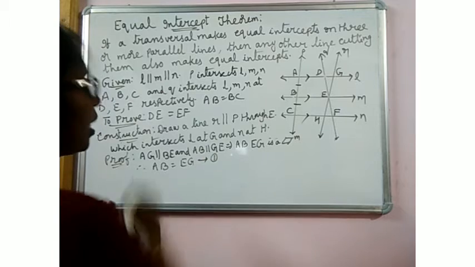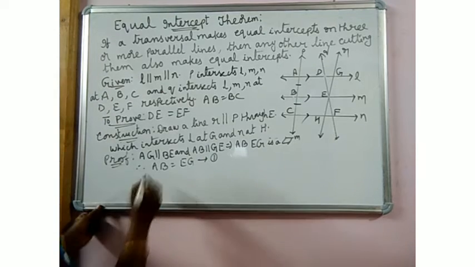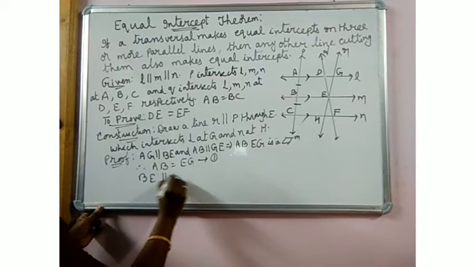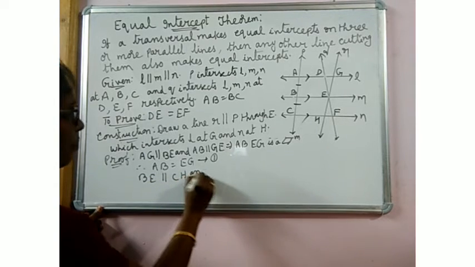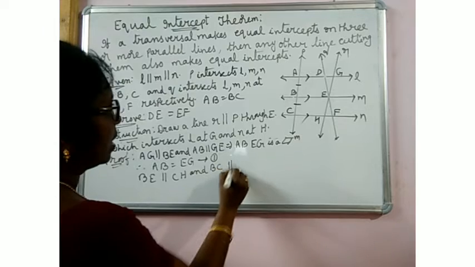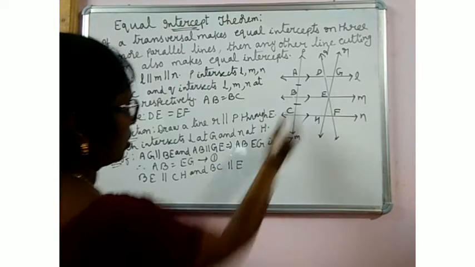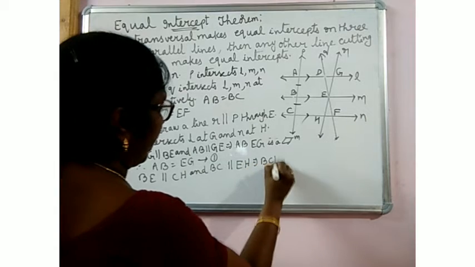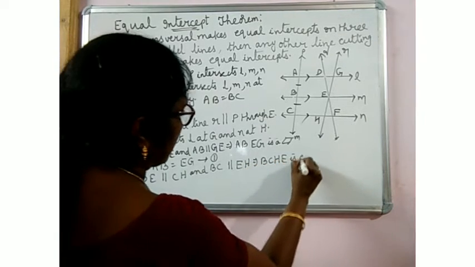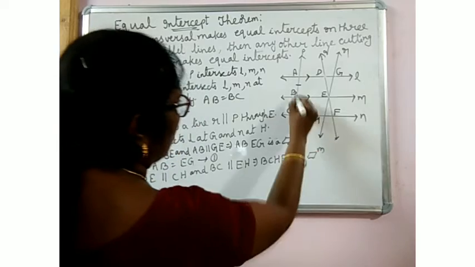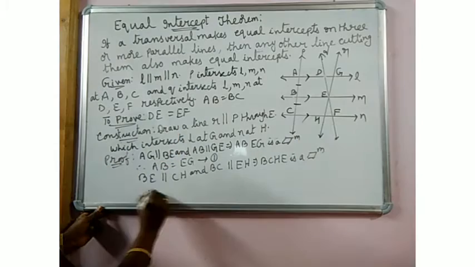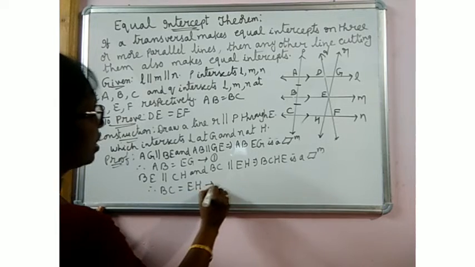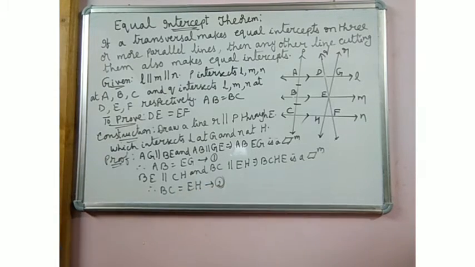For better understanding, you may name it equation 1. In the same way, BE is parallel to CH and BC is parallel to EH. That implies BCHE is a parallelogram. Therefore, BC is equal to EH. This is the second equation.